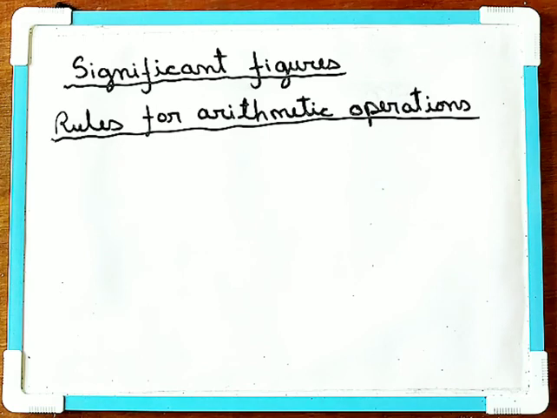Next we shall come to the rules for arithmetic operations with significant figures. If we are multiplying any two digits, or dividing, or adding or subtracting any two digits, then we'll also have to take into account the significant figures of the quantities or the numbers in which we are multiplying or dividing or adding or subtracting.